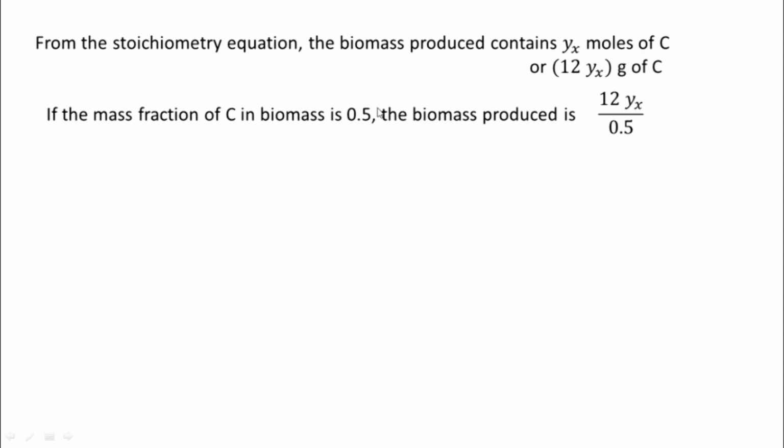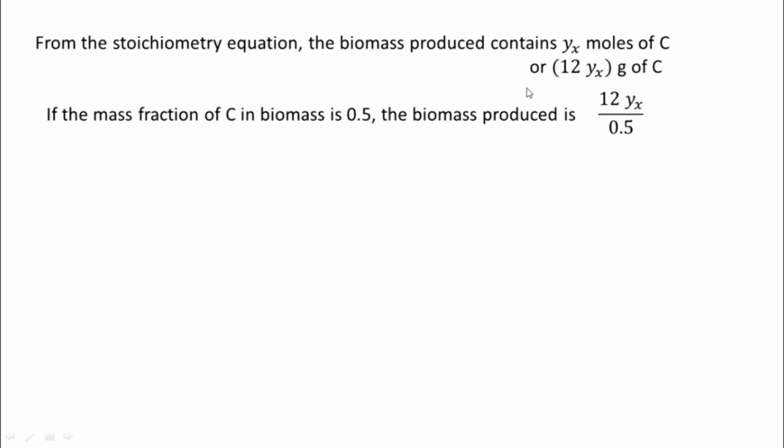This is unitary method. It might appear a little odd in the beginning, but it's just unitary method. The mass fraction is 0.5. If 1 contains 0.5, how much will 12 YX contain? Or in other words, if 0.5 C in biomass corresponds to 1 biomass, how much would 12 YX grams of C correspond to?